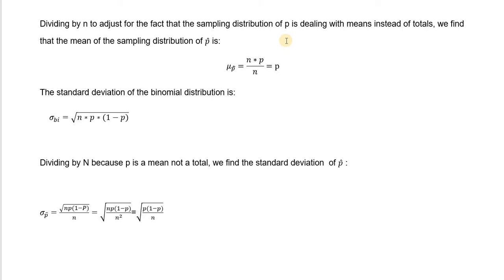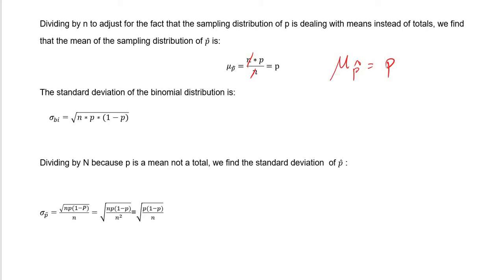We find the mean by dividing by n. So the mean of the distribution of sample proportion is equal to n times p divided by n. N is going to cancel with n, and we end up with p. So the mean of the distribution of sample proportion is equal to the population proportion, where p is the population proportion.